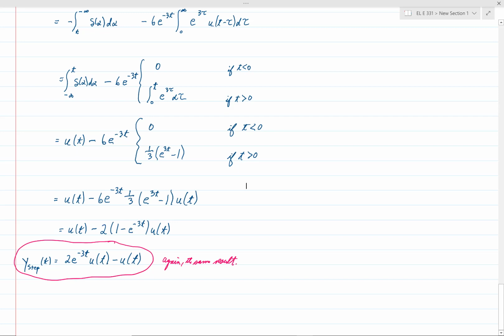We will look at more examples, and the good news is that we will also learn a graphical technique for doing this that will help to make some of this simpler. But anyway, that concludes Lecture 9 of Electrical Engineering 331, and good luck.